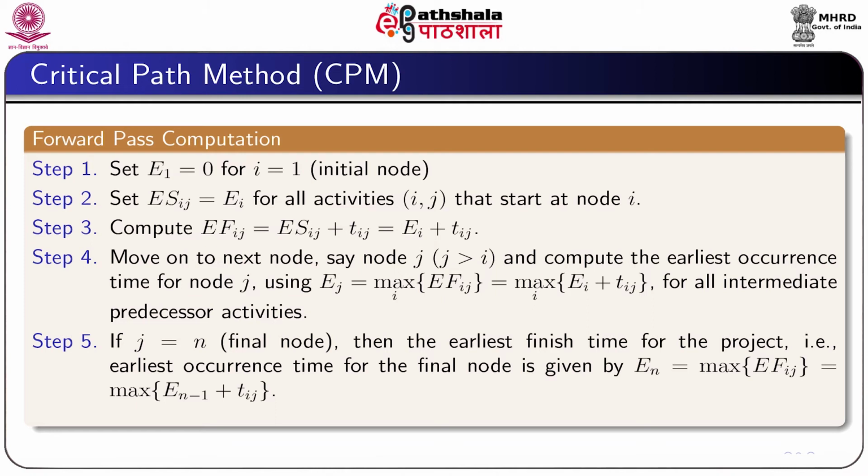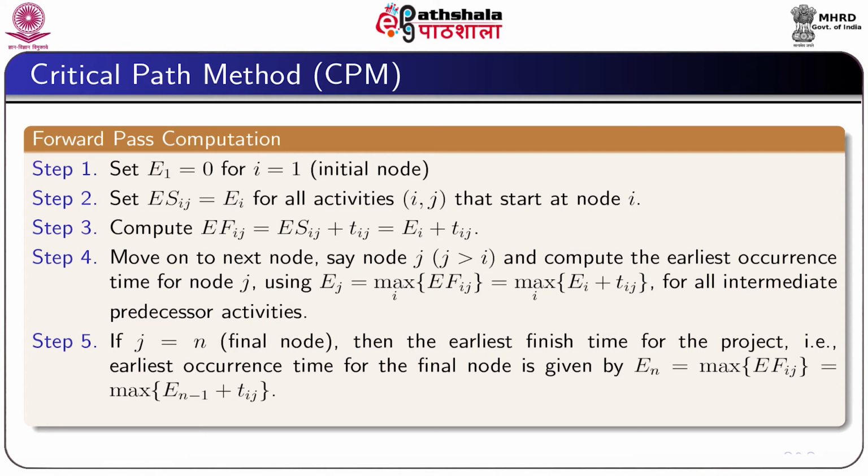and then we set the earliest start time for the activity ij, ESij, equal to the earliest occurrence time of the event i for all activities ij. Then compute EFij, which is equal to ESij plus Tij, and which is equal to Ei plus Tij.